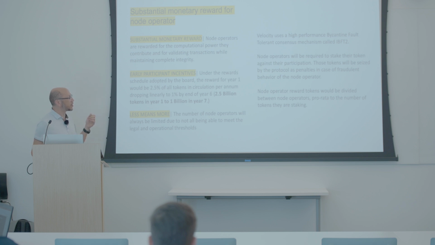Sorry, it's 2.5% of the tokens in circulation at the moment that are available for rewards. That's going to be dropping year on year, but it's a lot that you can gain, and that has consequences on governance of the Velocity Network Foundation. So if you want to influence what's happening, it's a really great way to get that influence on the network.